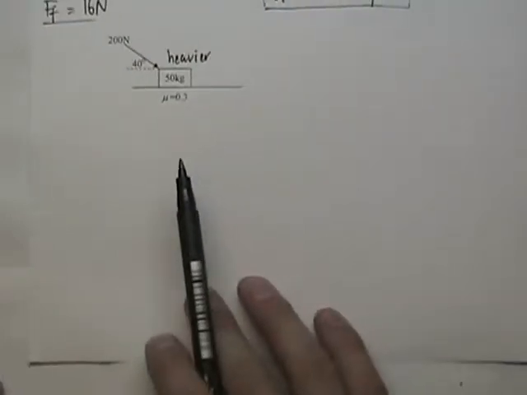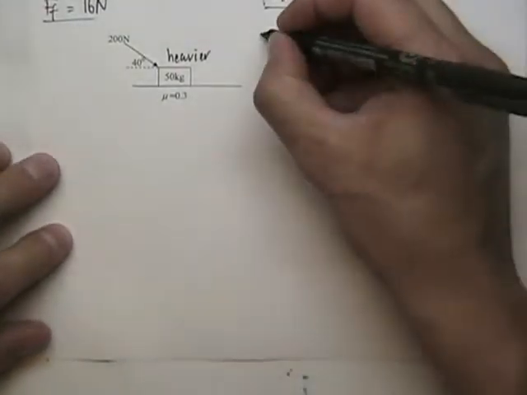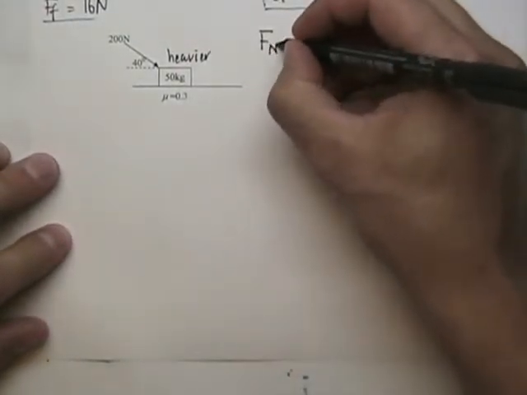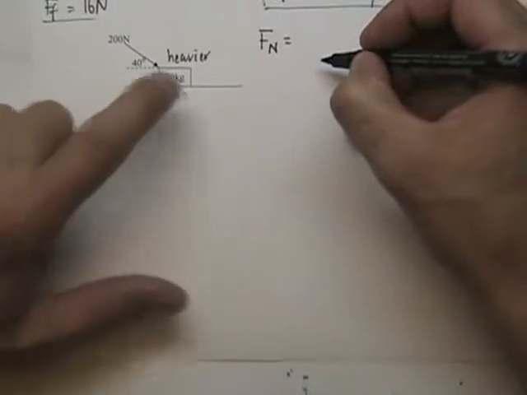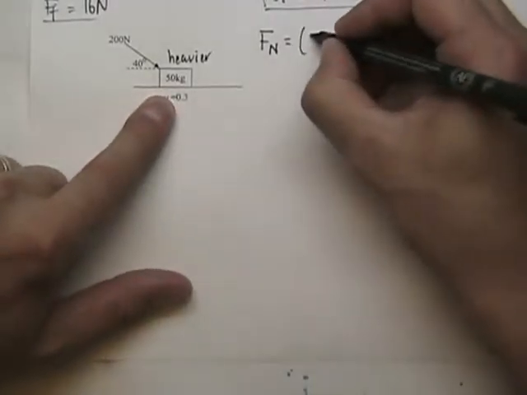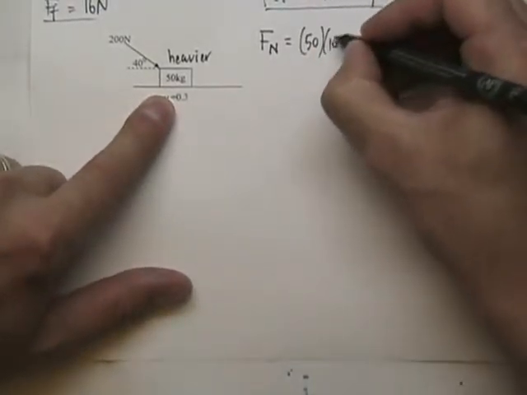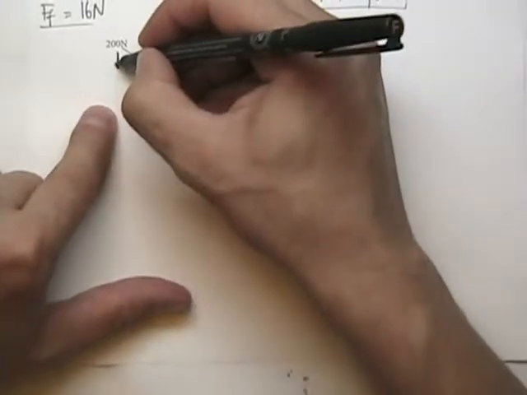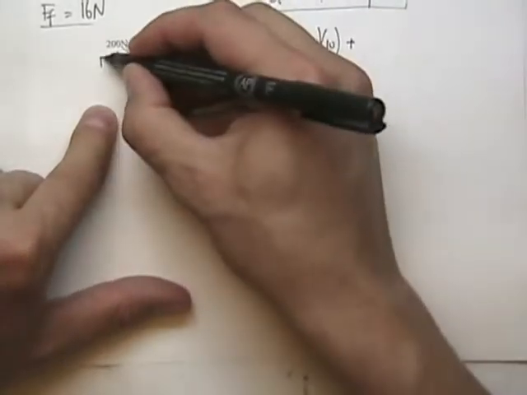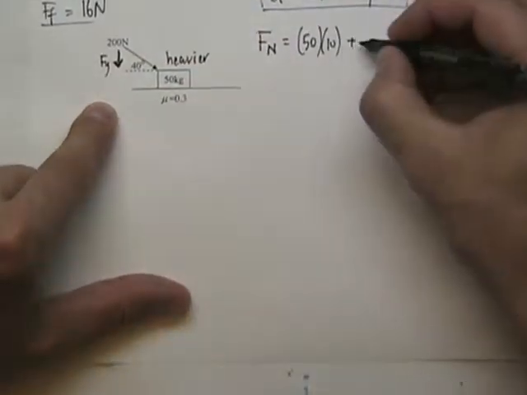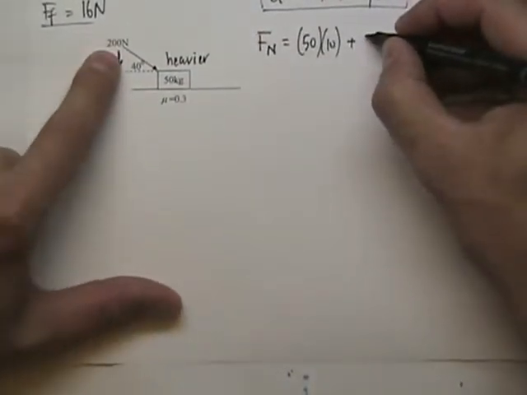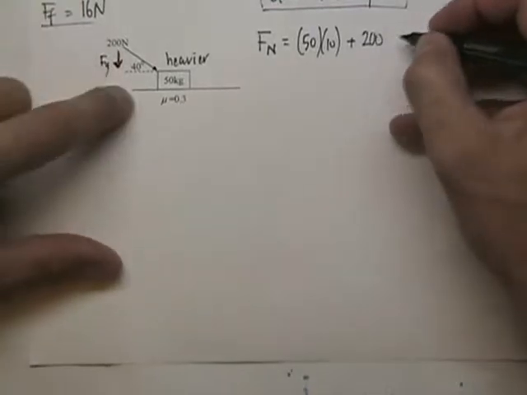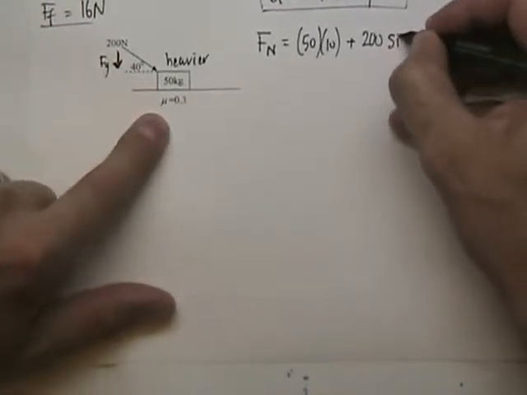This next one is a little bit different because now it's heavier. The very first thing we're going to do is find Fn. It's going to be heavier than 50 times 10, which is 500. How so? Because I'm pushing it down with my Fy. So 50 times 10 plus Fy, which is 200 sine of 40.